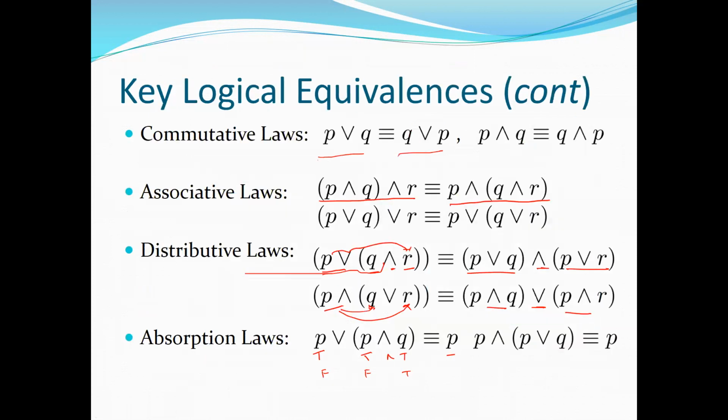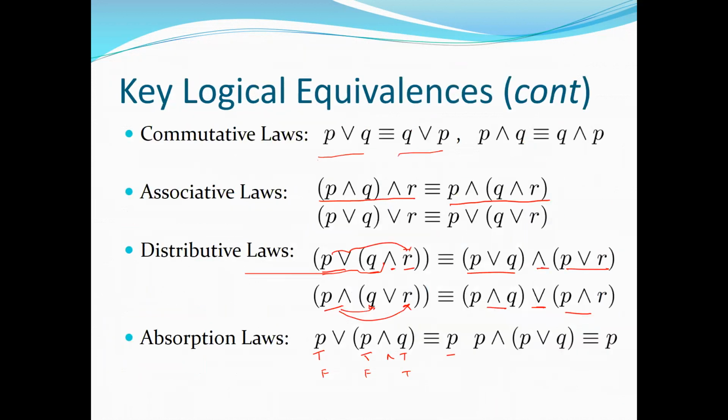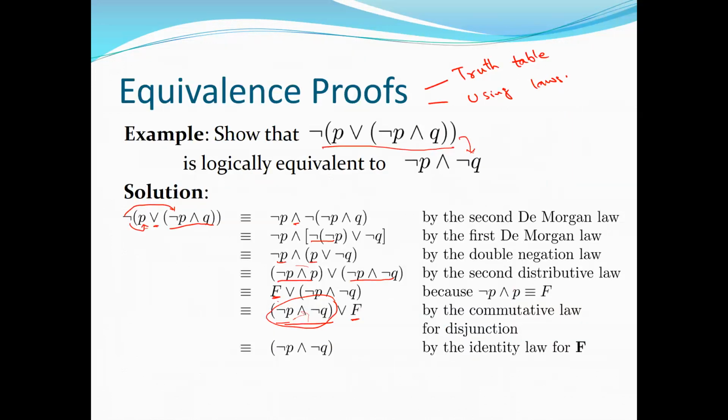Anything if you take or with false stays the same. I cannot see right now, but whenever you take the or with false, based on the identity law, this is reduced to this one.